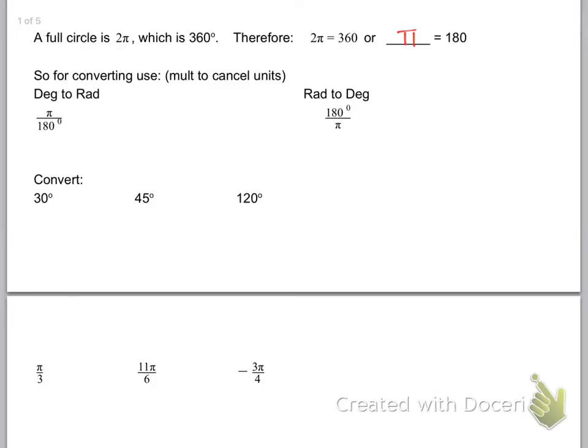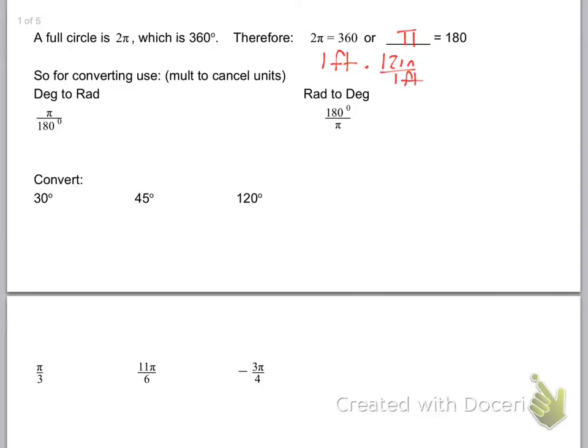So if I start with 1 foot, how can I convert that to inches? Multiply it by 12 inches per 1 foot.